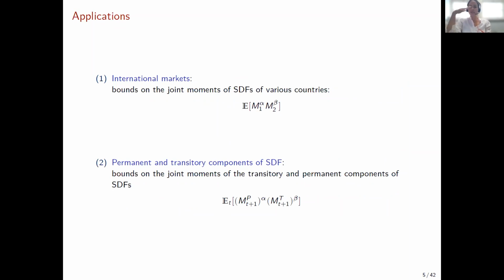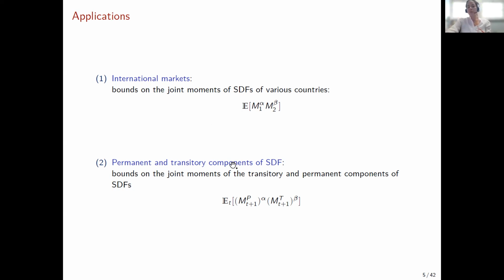Okay, so let me give two examples where we want to use a multivariate stochastic discount factor. The first application we had in mind is in international finance. I work, for example, in international finance, and there we usually care about two stochastic discount factors because it's all about two different countries.